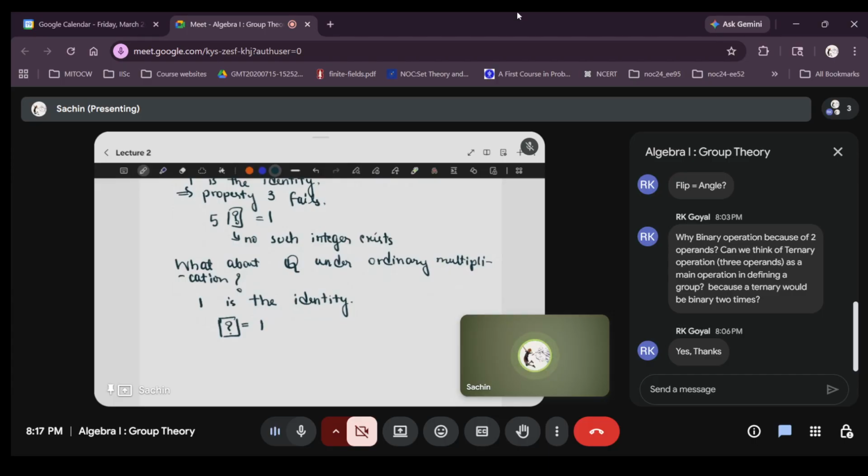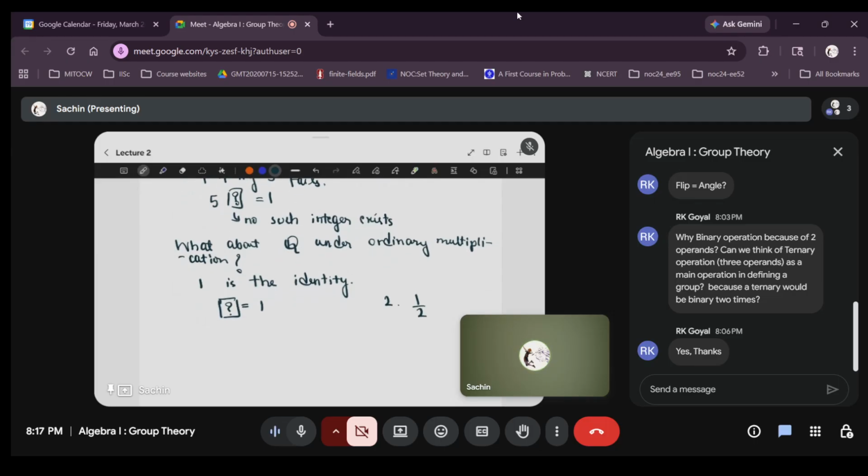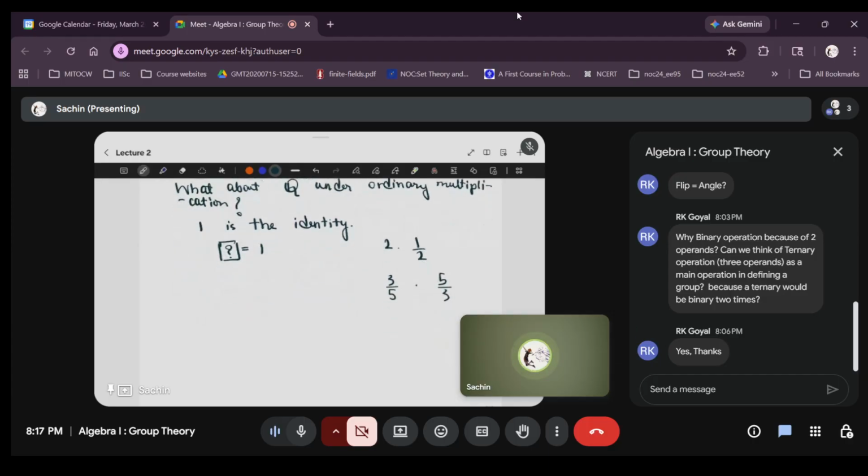This is under multiplication, right? Do all rational numbers have an inverse under multiplication? Inverse of 2 is 1 by 2. Inverse of 3 by 5 is 5 by 3. What about inverse of 0? Yes, 0 is a rational number, right?